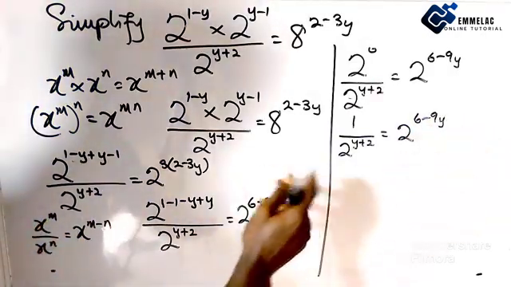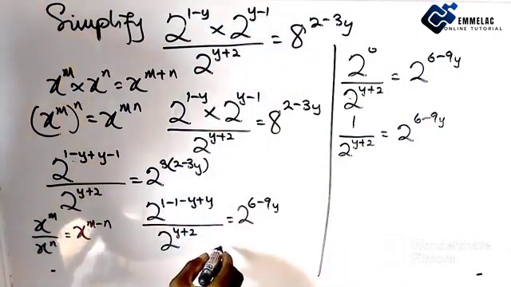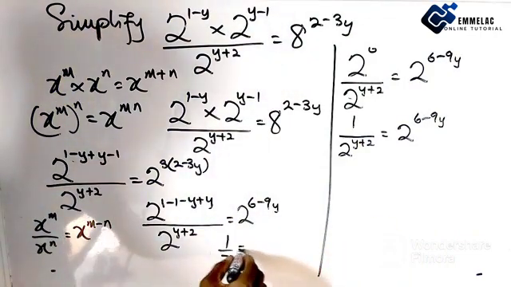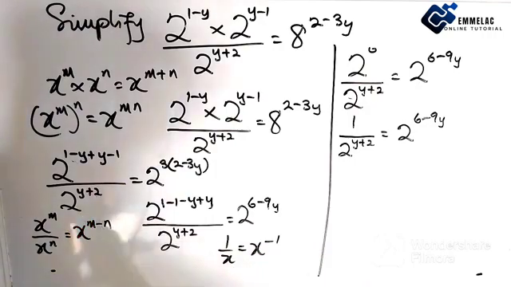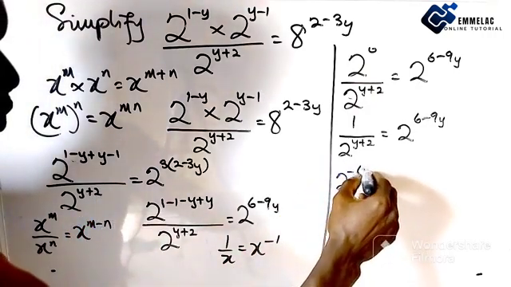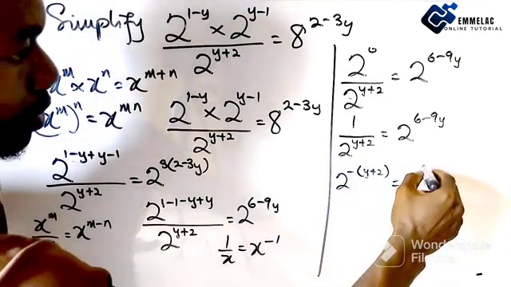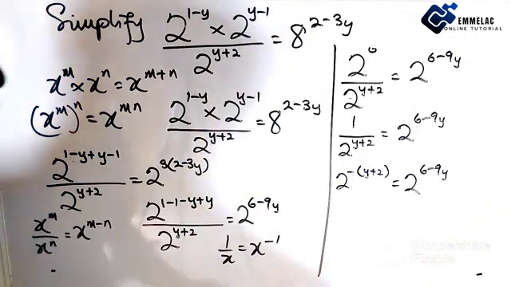Now we recall also that 1 over x equals x raised to the power minus 1, right? So here we now have 2 raised to the power minus 1 into y plus 2, then equals 2 raised to the power 6 minus 9y.